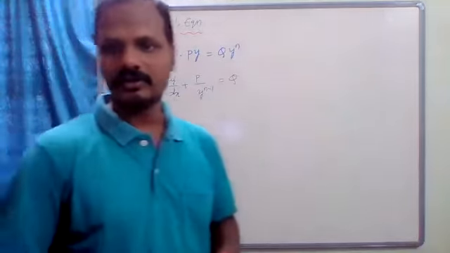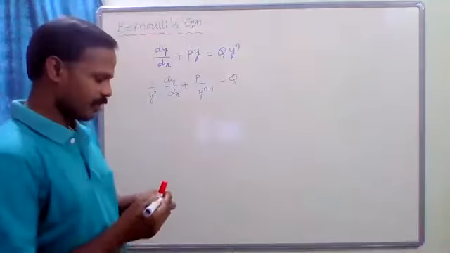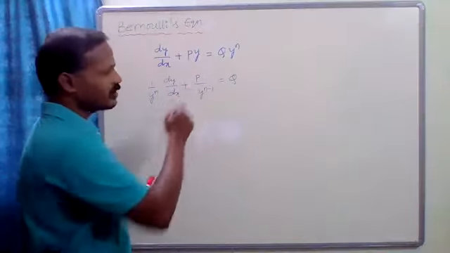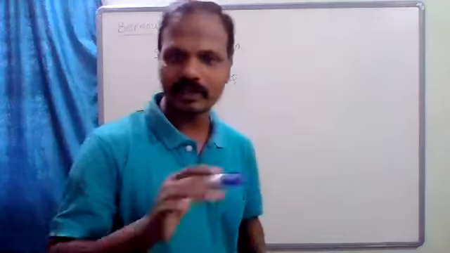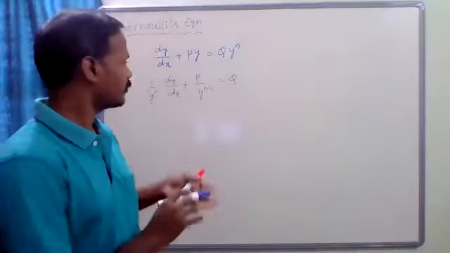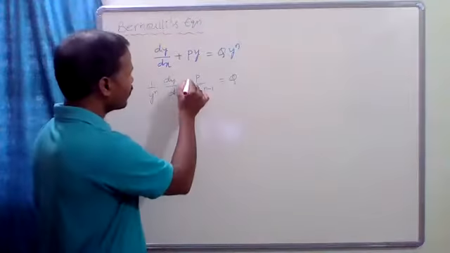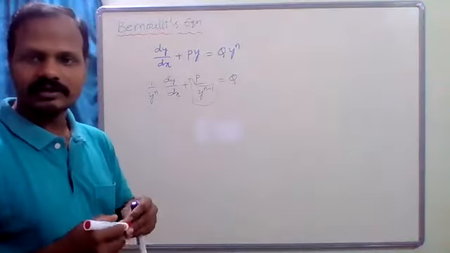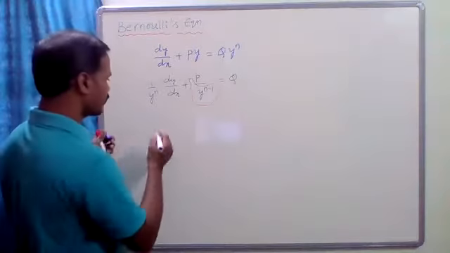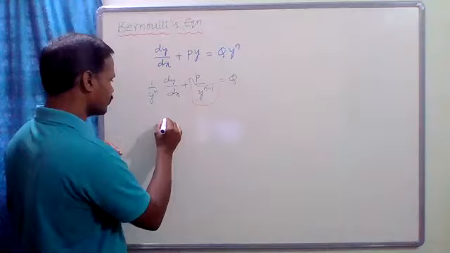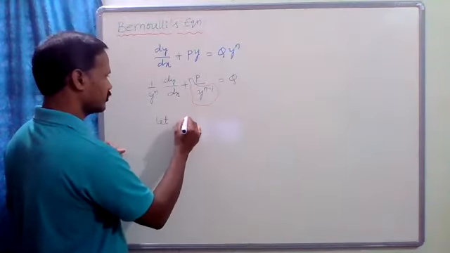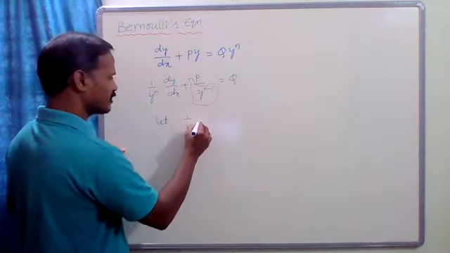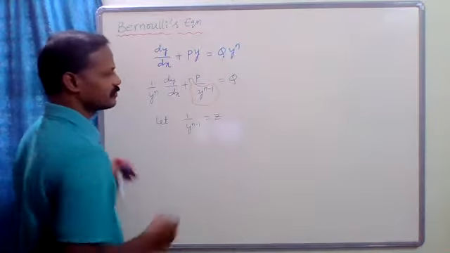So divide with y power n. Now consider the coefficient of p. What is the coefficient of p here? 1 by y power n minus 1. So let 1 by y power n minus 1 equal to z.